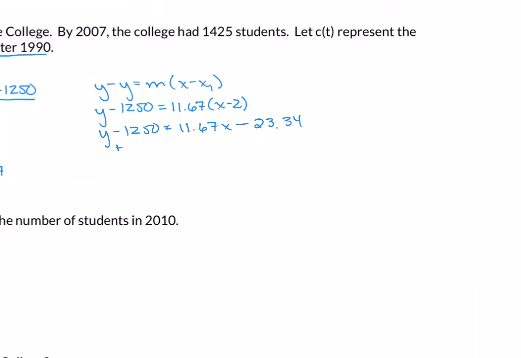We can add 1250 to both sides. If we do that, we get 11.67x plus 1226.67.